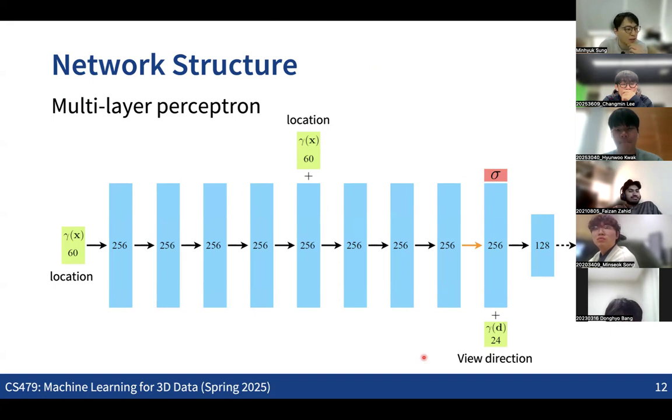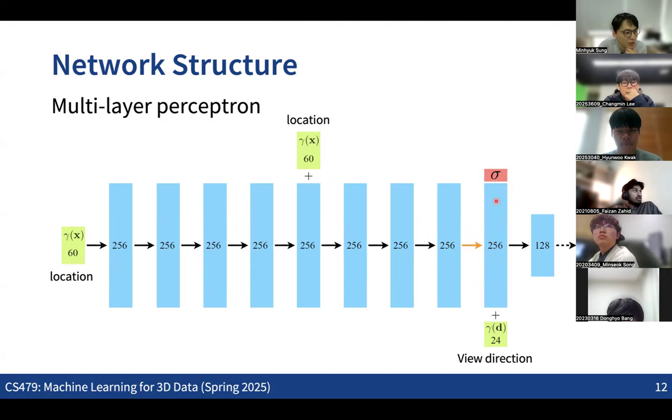In the MLP architecture, at the very beginning, we have the position information here, and then the view direction at this point. And having the location information with multiple layers, we get the opacity as the output from this layer.